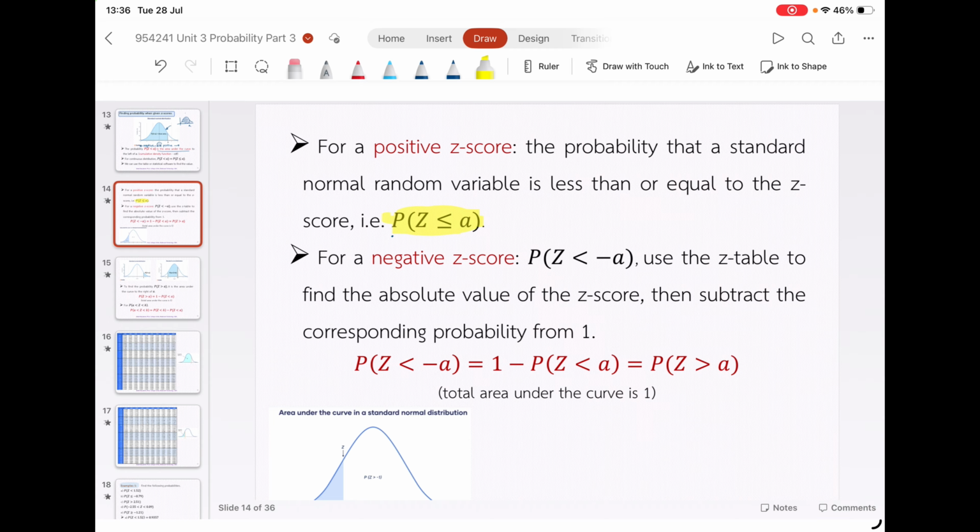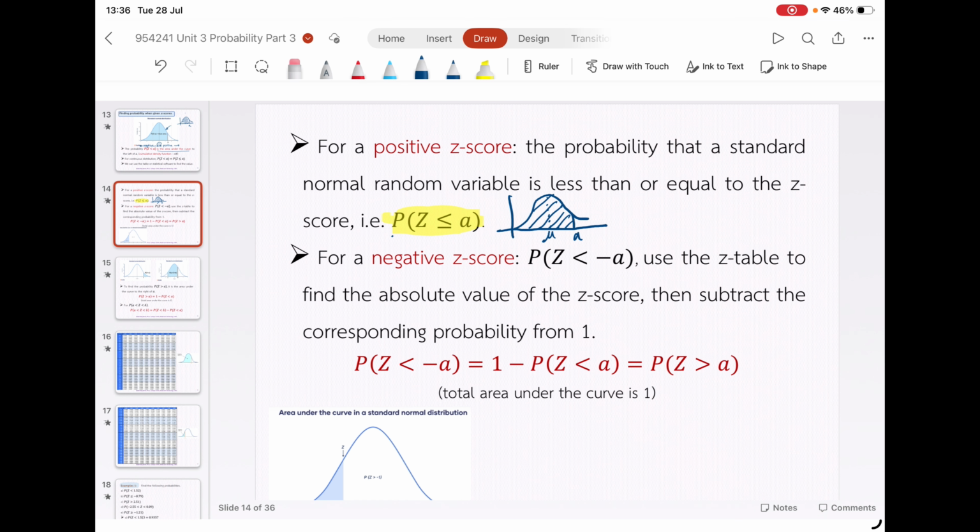Let's see, we talk about this P, and when A is on the positive side, mu is here, right? Positive side means to the right of mu. So if your A is positive and you want to find the probability of Z less than A, it's just the value like that.